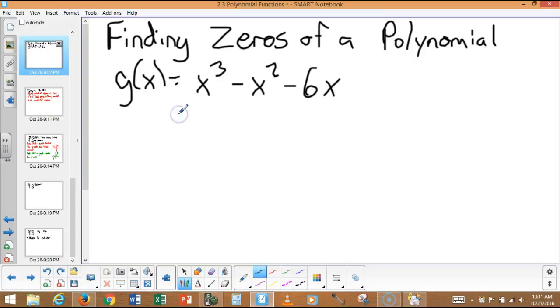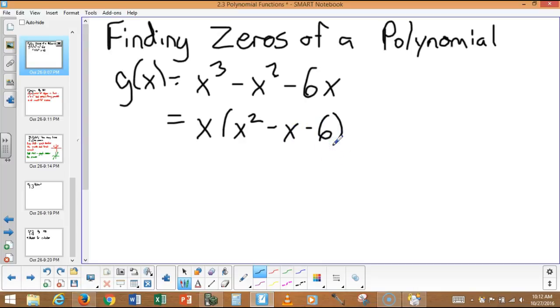First thing we should always do if we're trying to factor is see if all of the terms have something in common. If you look at those terms, we should see that they all have a factor of x in common. So if I take an x out of all those, I'm left with x squared minus x minus 6.